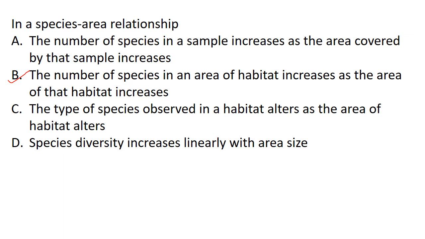The number of species in a sample increases as the area covered, not the number of species in a sample, it is with regard to habitat. So if you see option B, the number of species in an area of habitat increases as the area of that habitat increases. That is correct. So answer is option B.